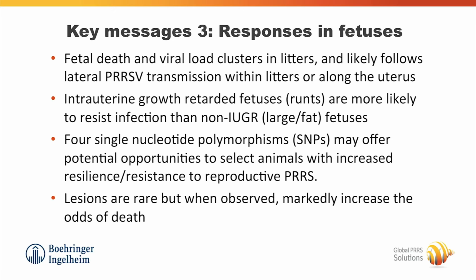So to summarize some of the key findings related to responses in the fetus. First, fetal death and viral load cluster in litters, and we think that may represent infection of the index fetus first and then lateral transmission within the uterus. We know that IUGR fetuses or runts are at greater risk of infection compared to the non-IUGR fetuses.